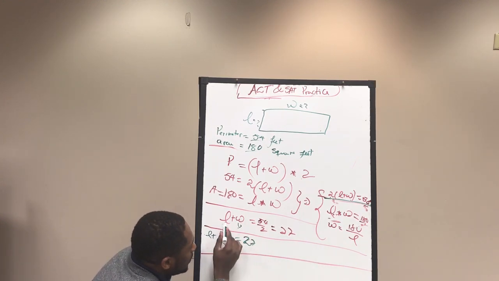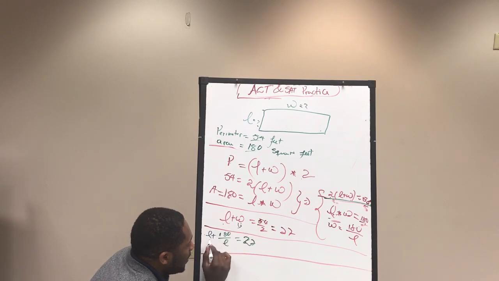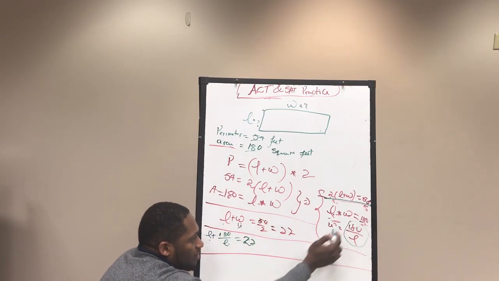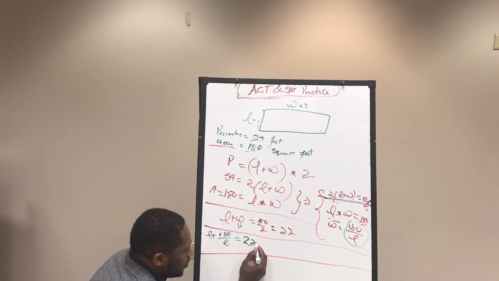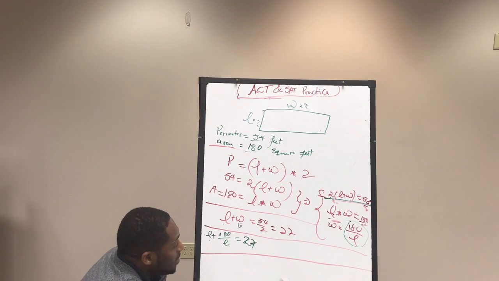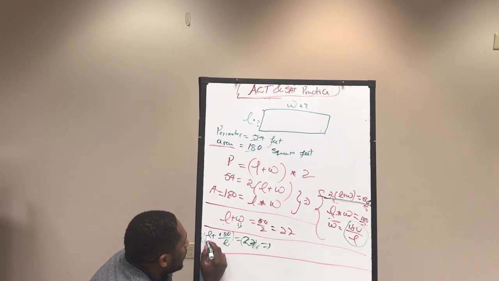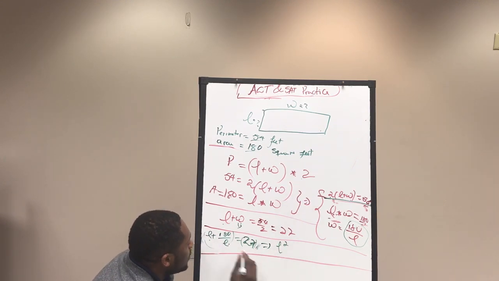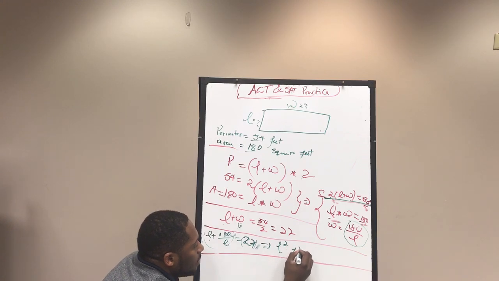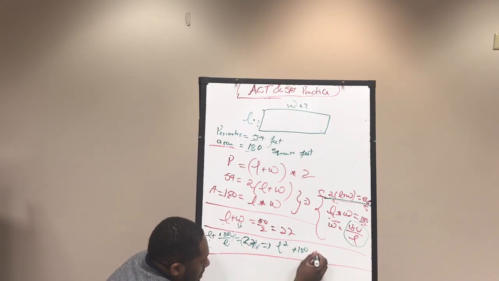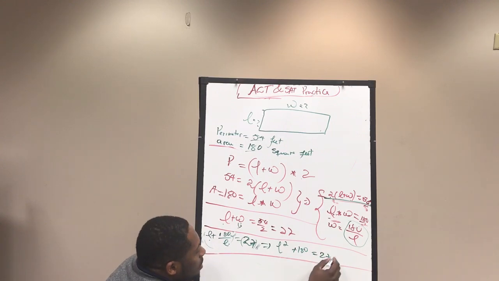Instead of writing L plus W, I said L plus 180 divided by L, because it's the same thing as W. So let's multiply everything across by L. L times L, L squared. 180 divided by L multiplied by another L gives you 180. 27 multiplied by L equals 27L.